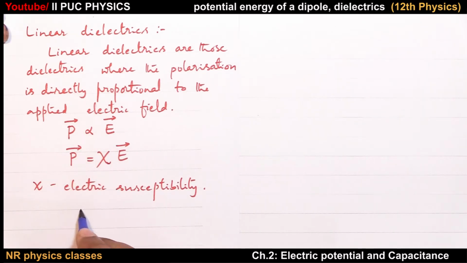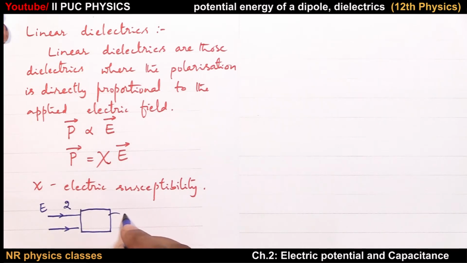If this is a material, some dielectric material, and this is the applied electric field E. If the applied electric field is 2 units, then the polarization of the material is 0.1 unit.